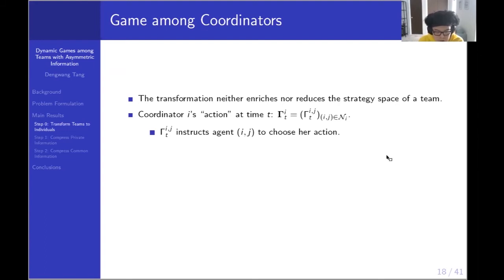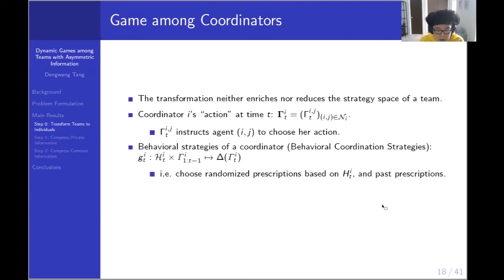And the coordinator can play mixed strategies, just like a team can play mixed strategies. But here, since this is a single decision maker with full recall, following standard game theory results, we can equivalently consider behavioral strategies, which we call behavioral coordination strategies.